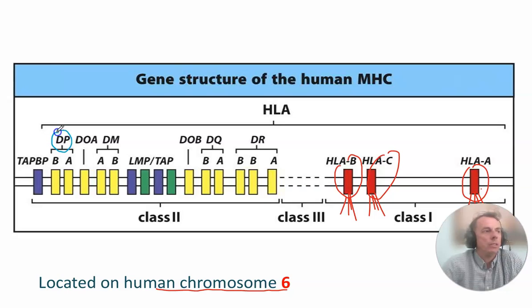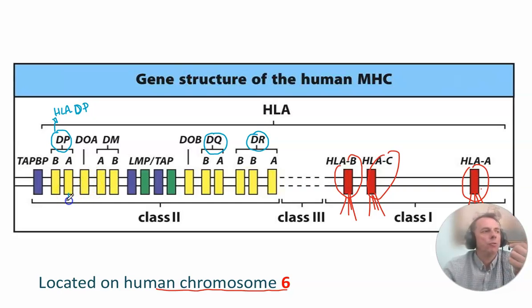And for this molecule, there are also 3 sets of genes, DP, DQ, and DR. Be careful in this case when we say HLA DP. This is not about one gene, this is a set of genes.